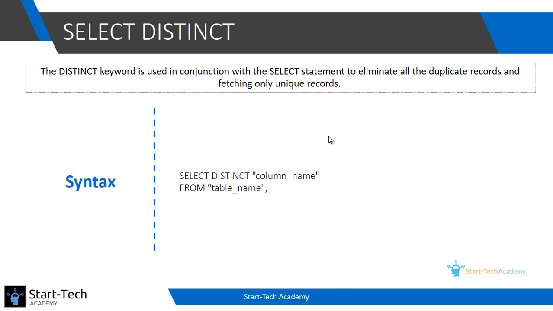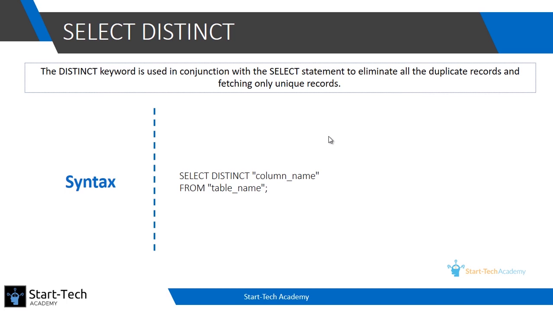So to get rid of these duplicate values and to get only unique values, we need to use the distinct keyword with the select command. Distinct keyword will eliminate all the duplicate records and it will fetch only unique records. This is the syntax for distinct command. Select distinct, mention the column names, one or more, and then write the keyword from and mention the table name.